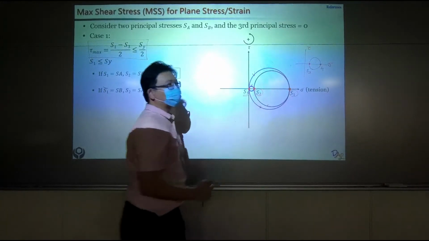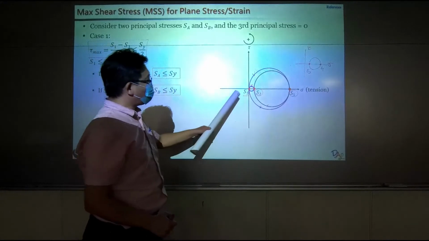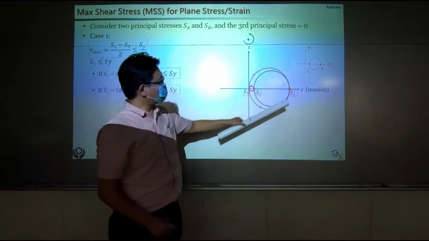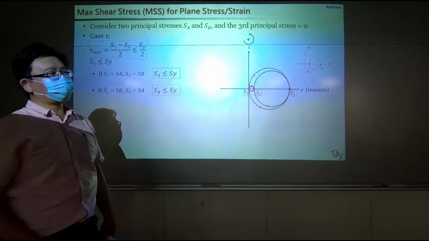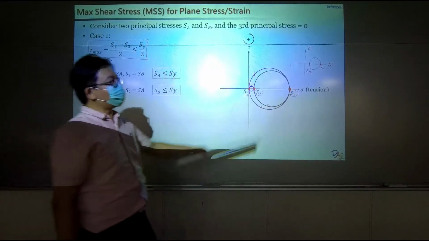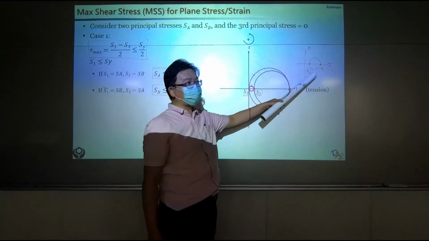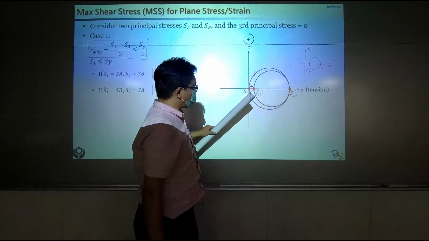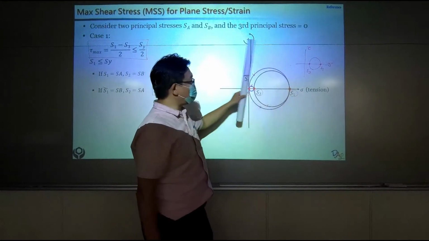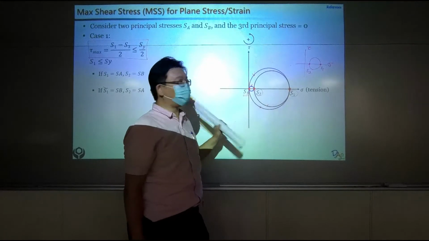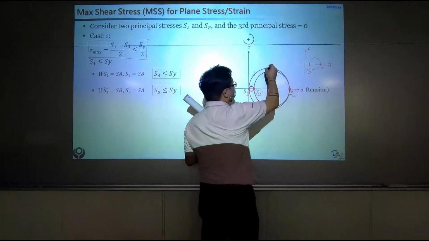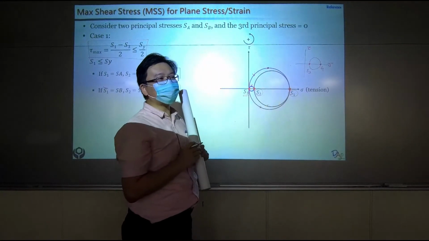So in fact, on the 1 and 3 plane, there is a greater Mohr circle. Even when we treat this as a 2D problem, there is still stress somewhere, and it has a greater Mohr circle. What does that mean? That means greater shear stress.